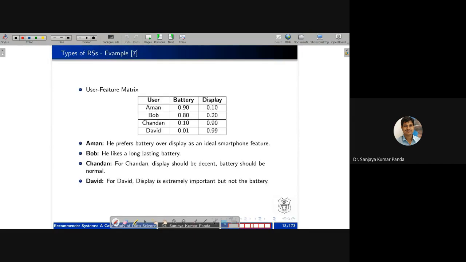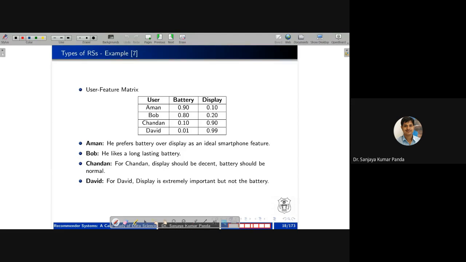Now coming to the second matrix, called the user feature matrix. Like different items, I have considered different features, and these features are also given values with respect to these 2 parameters. In this case, you can see I have considered 4 different users: Aman, Bob, Chandan and David.